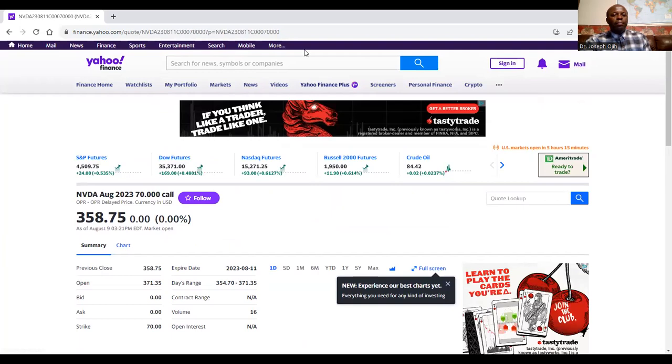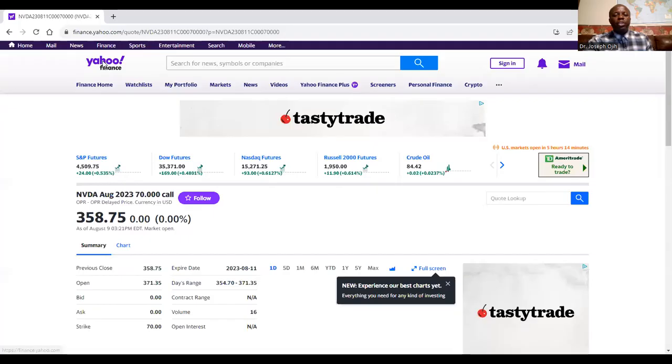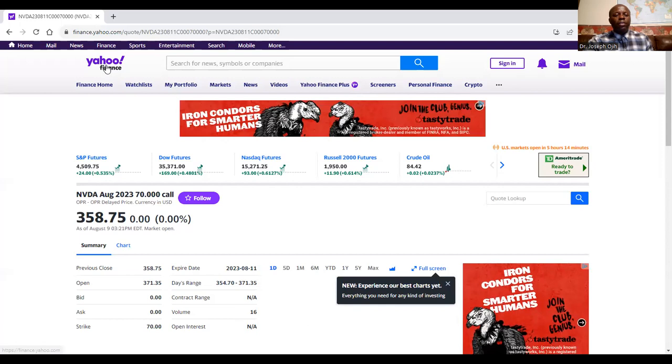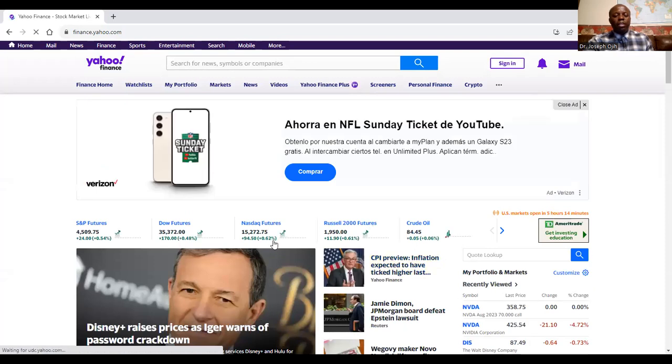Now, for the parts that involve the risk-free rate, you can also get it from here. The return on the treasury bonds. If I click on the Yahoo Finance home page, you will see the returns of various indices, but the one we're looking for is the return on the treasury bond.